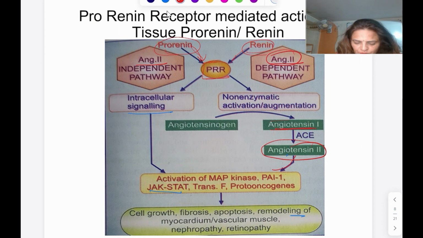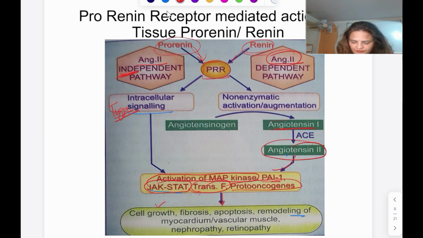Whereas in the angiotensin 2 independent pathway, what happens here? Angiotensin 2 is not produced, so they are going to trigger intracellular signaling via the activation of MAP kinase, PAI1, JAK-STAT, and all these cause the activation of various proto-oncogenes and transcription factors, and this all leads to cell growth.